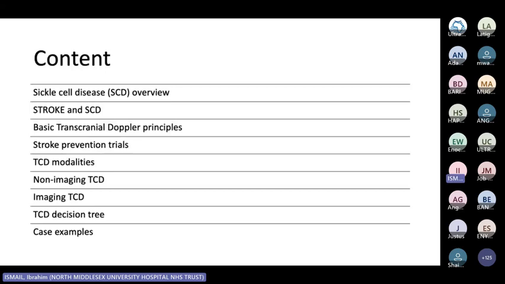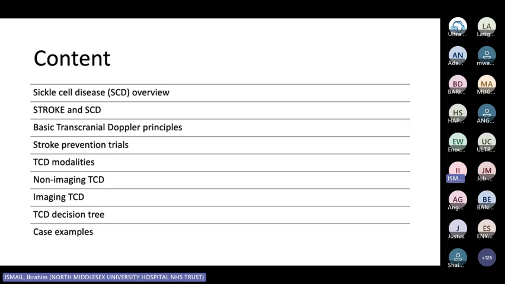These trials found something so substantially important for children with sickle cell that it paved the way for many treatment options and prevented so many stroke incidences. I recommend all our colleagues and viewers to look into these stroke prevention trials, abbreviated as STOP trials. And then the TCD modalities, which obviously cover non-imaging TCD and imaging TCD.